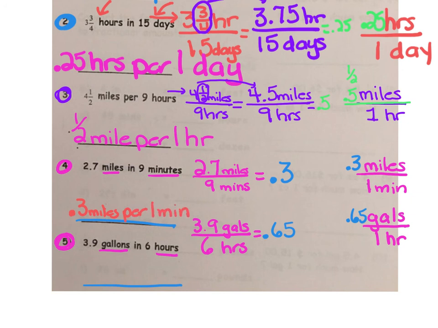That's about 1/3 of a mile. And for number 5, let's write it with its labels. 0.65, that's a little over a half, gallons per 1 hour. This concludes page 5 of Accel packet number 4.